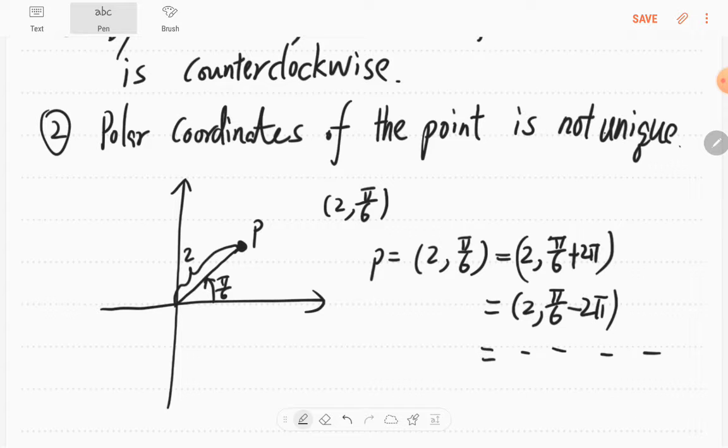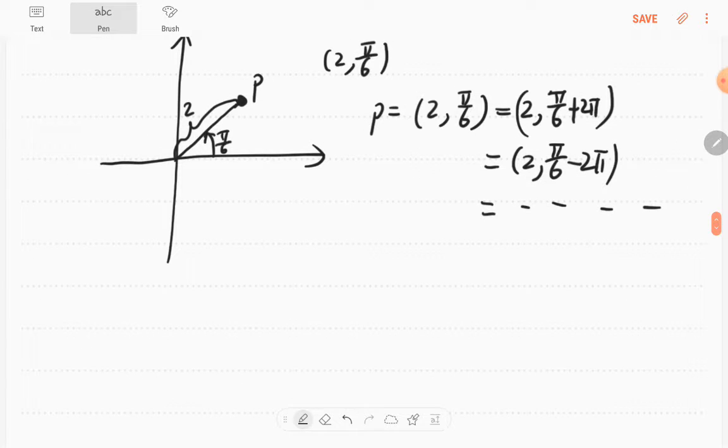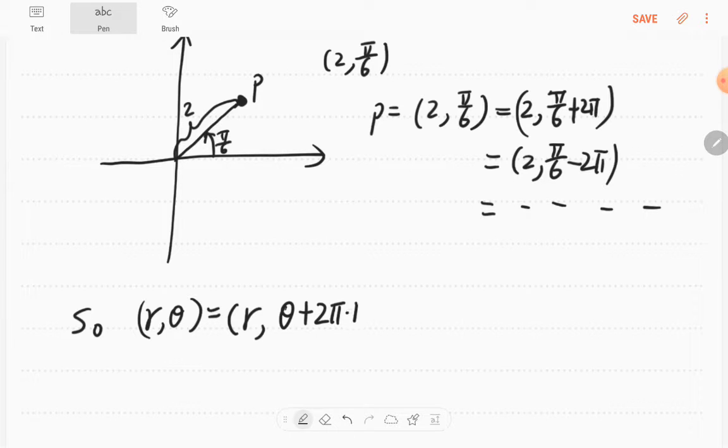So you have many choices of coordinates. All these polar coordinates represent the same point P. So if you have r and theta, the coterminal angles will give you other polar coordinates, and they all represent the same point.